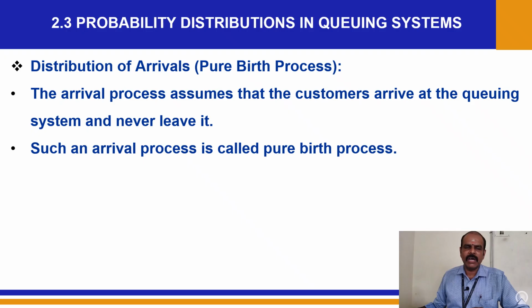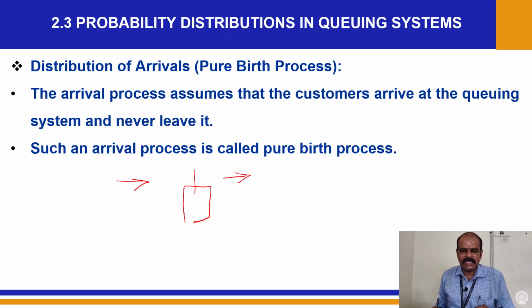Distribution of the arrival process. Now the entire system is considered in two halves. This is the counter, and let me divide it into two halves. Somebody arrives at the counter, gets their service done, and goes out.